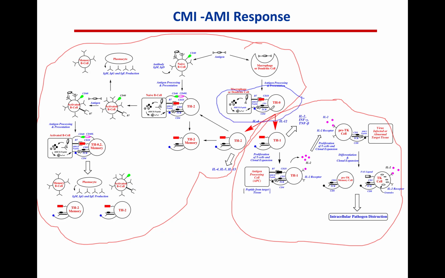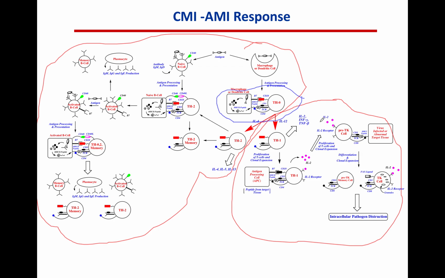antigen presenting cell and the Th0 cell, and whichever way it goes, either through IL-2, by the influence of IL-12 or IL-4, gives you the Th1 or Th2 cells, and that influences whether the differentiation of the T helper cells goes down the pathway of an antibody producing response or down the pathway of a T killer cell, cytotoxic T cell killer response.